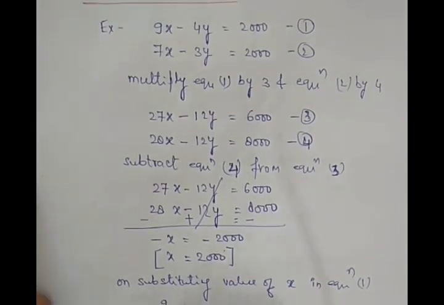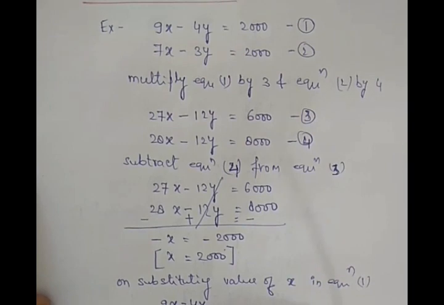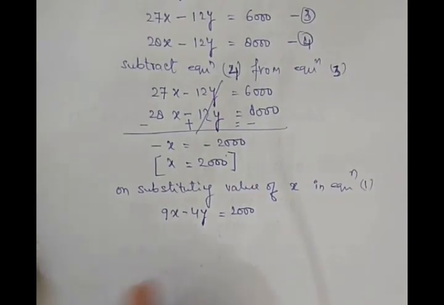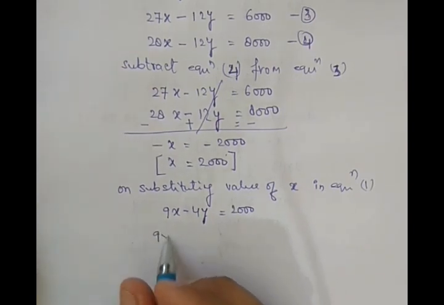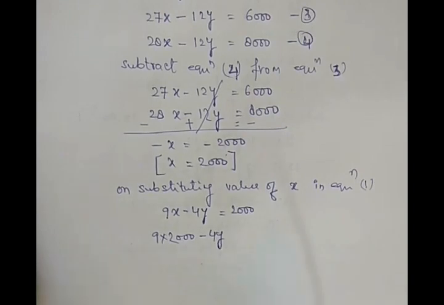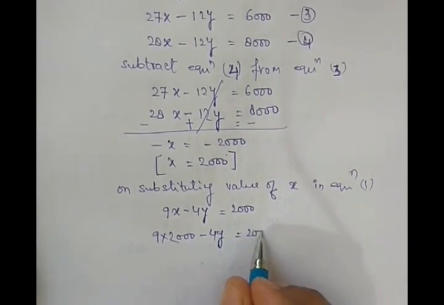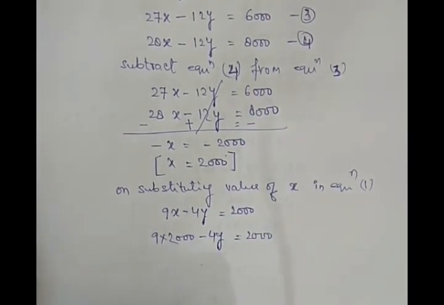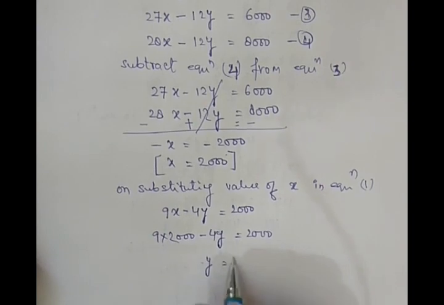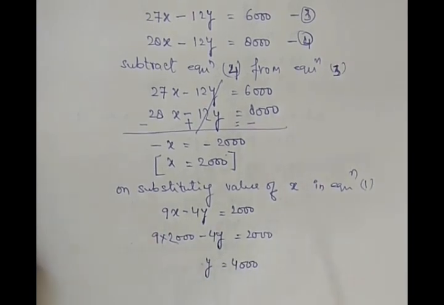Equation 1 was 9x minus 4y is equal to 2000. Now substitute x is equal to this, so 9 into 2000 minus 4y is equal to 2000. If we simplify this, you will get y is equal to 4000.